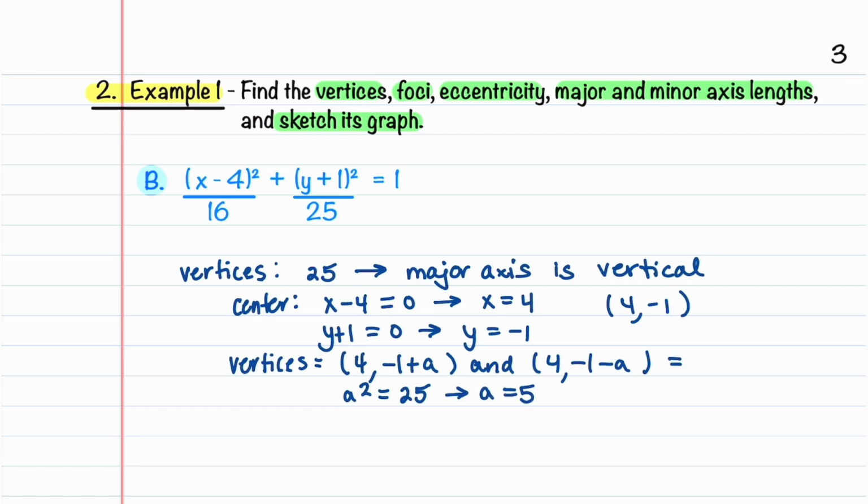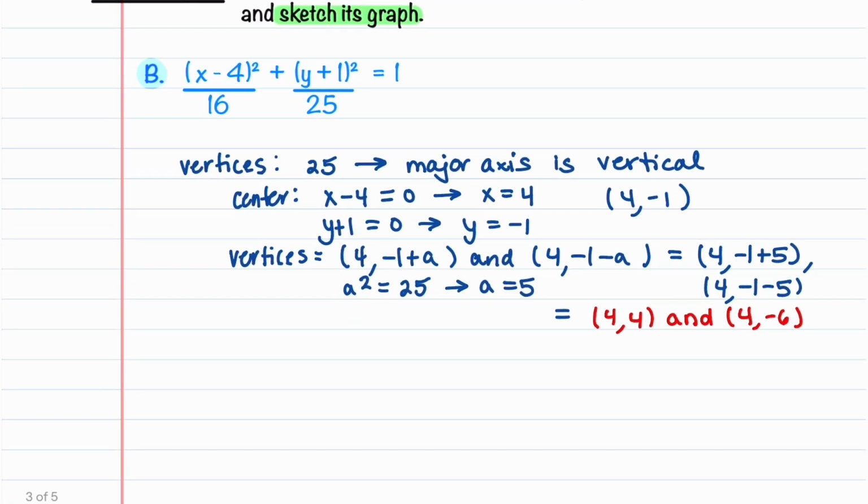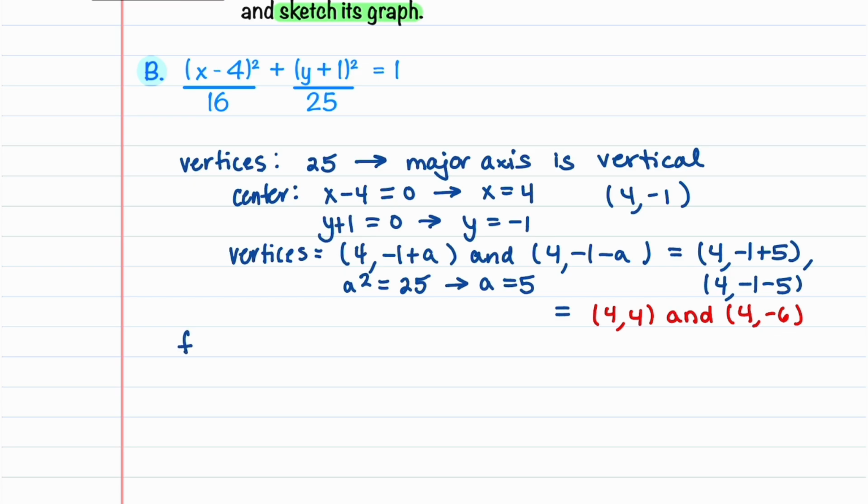So we go back up here. Our vertices are going to be located at 4, minus 1 plus 5, and 4, minus 1 minus 5. So they are going to be located at the point 4, 4, and the point 4, minus 6. It's a little bit more work when the ellipse is not located at the origin.